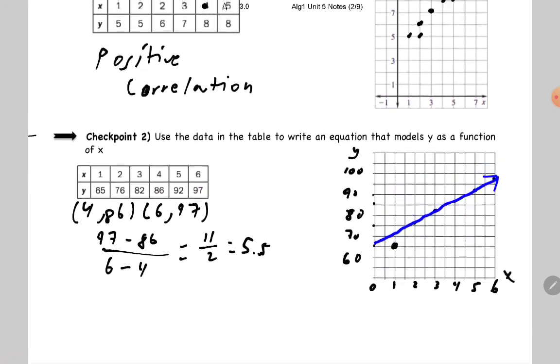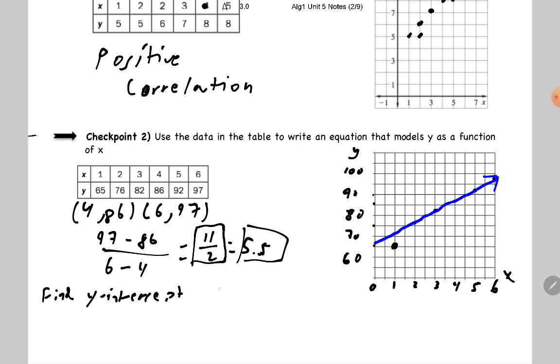So your slope, you can either leave it as 11 halves or 5.5. Doesn't matter. Okay, now we need to find the y-intercept. They didn't give us a y-intercept in this one for 0. Now we drew a line, but that does not mean we can use that particular point. We need to find it.